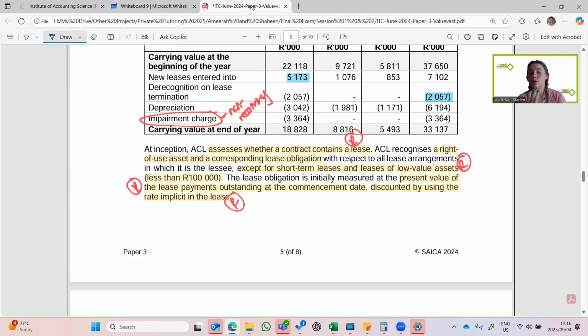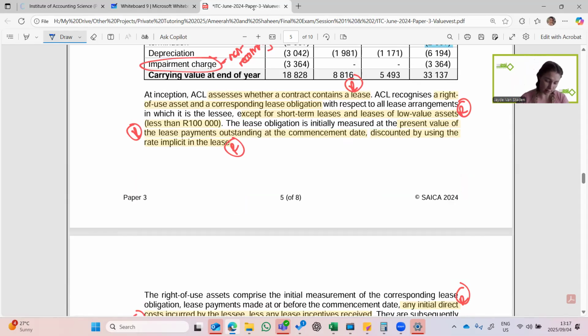And we're going to link that to the accuracy, valuation, and allocation. But very, very, very importantly with this one, you have to link it to the right of use asset. You cannot say the lease liability has been calculated incorrectly because the required asks you for right of use asset. So you need to know your accounting here because you need to know that that is the first step in determining the value of your right of use asset.